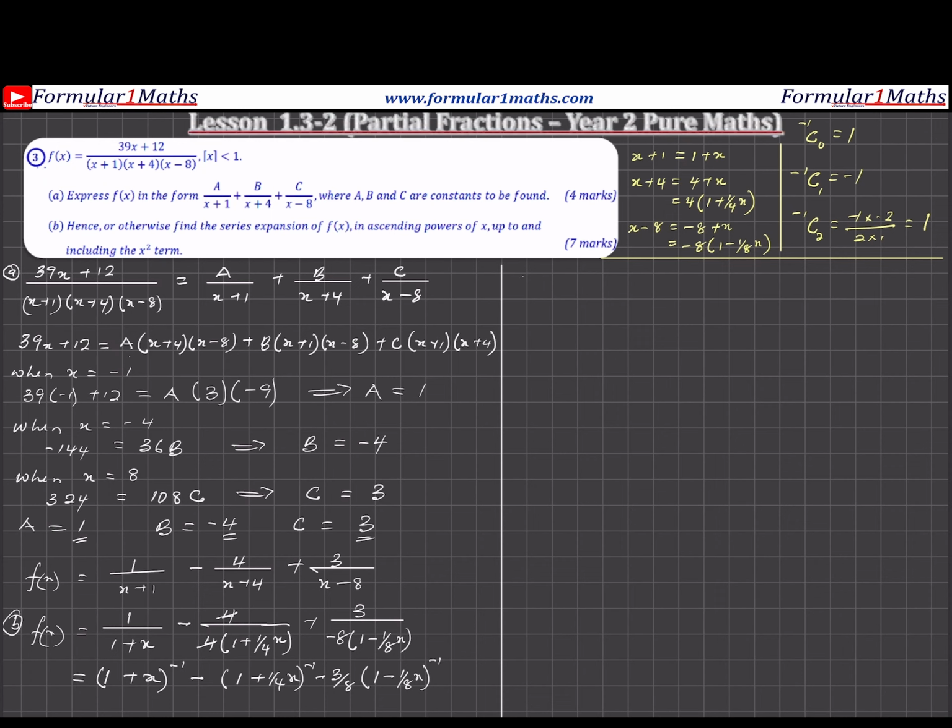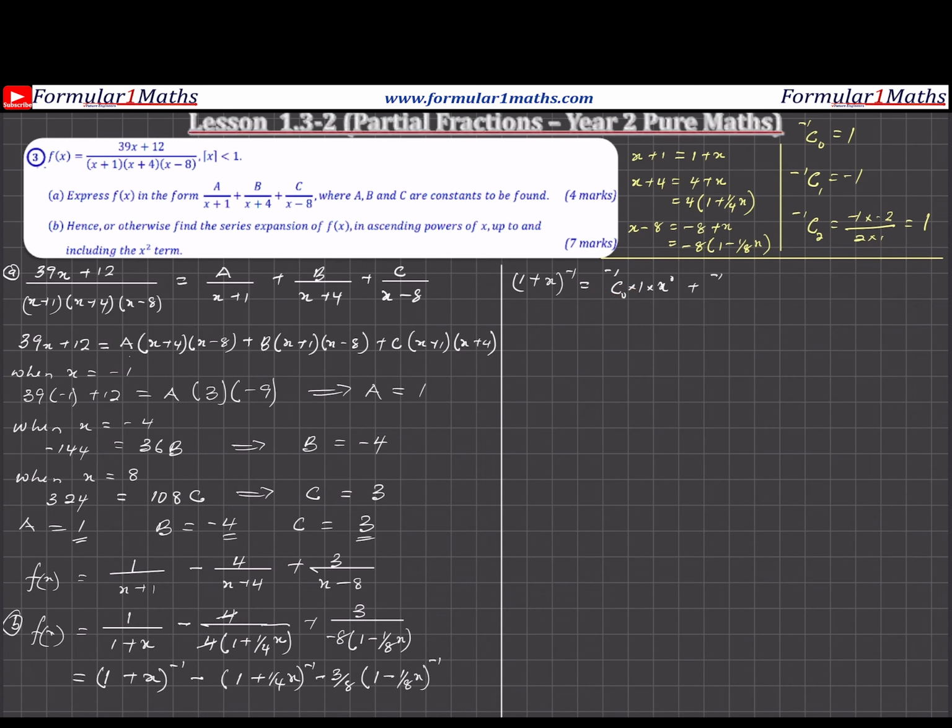So for the first one, 1 plus x raised to the power minus 1. If I expand it, I'm going to get minus 1 C0 times 1 times x to the power 0. Normally, I'll raise the power here to minus 1 because the powers must add up to give you minus 1 here. But 1 raised to any power is 1, so I'll just leave it for all of them and just write 1.